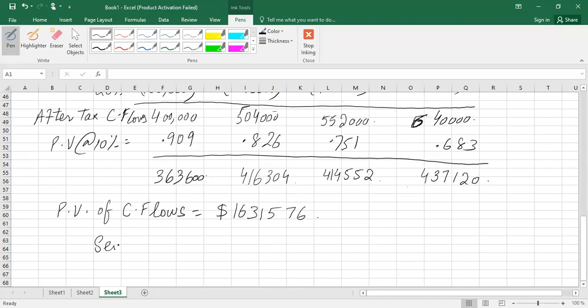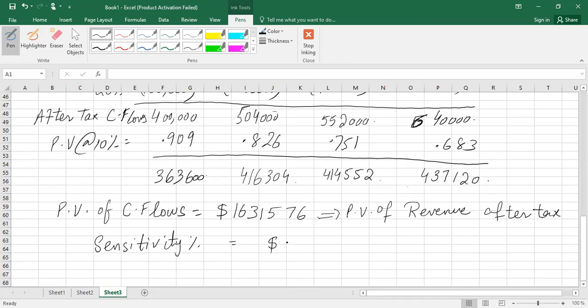Now how to calculate the sensitivity of this? This is the present value of cash flows, or we can alternatively call it the present value of revenue after tax, because here we are calculating only the sensitivity of the selling price. So sensitivity percentage is equal to net present value. Suppose net present value is $250,000, divided by the present value of the relevant item after tax.